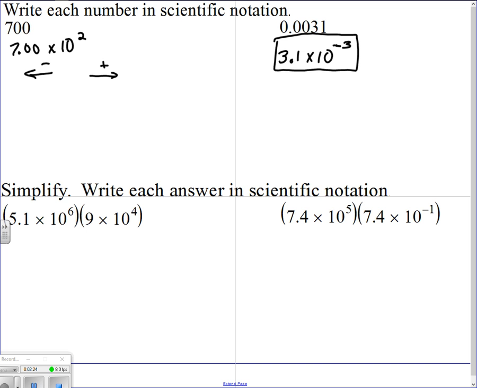Okay, now, next problem. Simplify. Write each answer in scientific notation. Now, what you're going to do is do the following. I'm going to copy this number right over here, so I'm going to copy the 9 multiplied by 10 to the 4th.